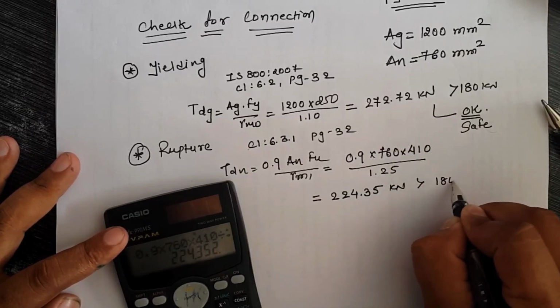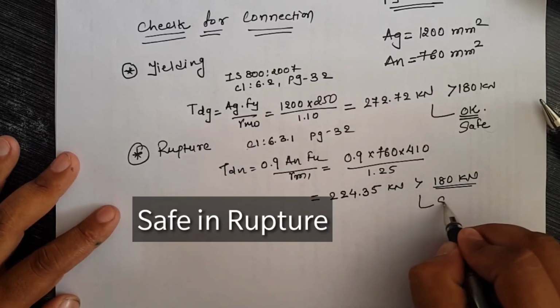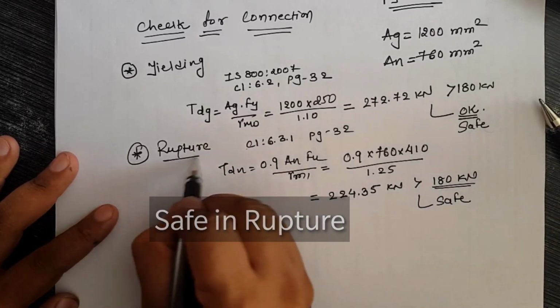Again greater than 180 kilonewton, which is equal to our design load. It means that our calculation is safe in the rupture.